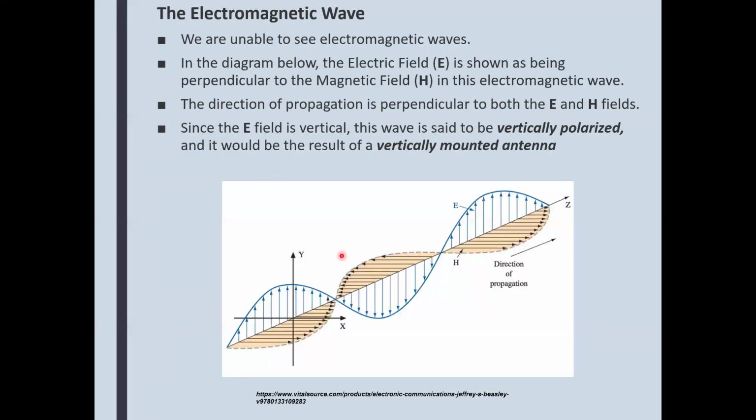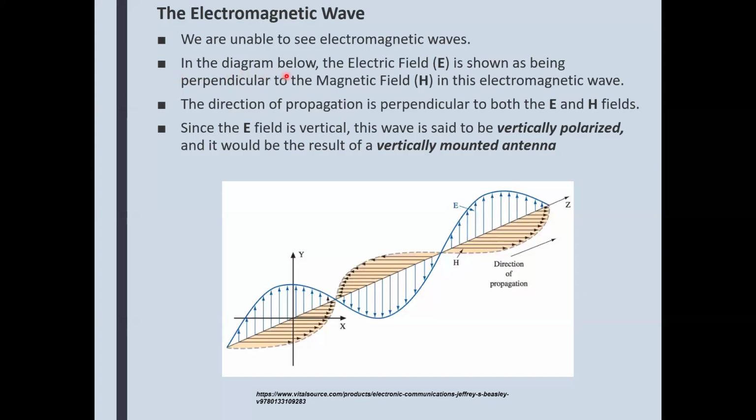Next slide here. All right. Electromagnetic waves. We are unable to see the electromagnetic waves, with the exception of the visible light, which is an electromagnetic wave as well. Kind of. There's a little bit more, but nevertheless, it is also classified as an electromagnetic wave.